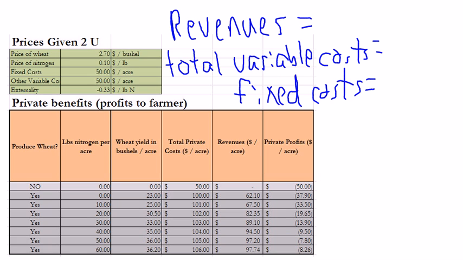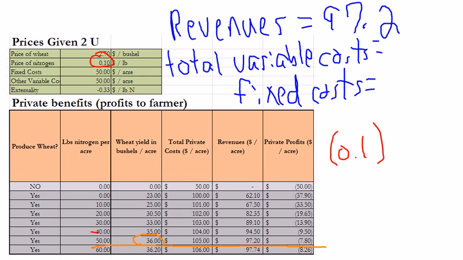To see what's happening here, I want to point out something to you. When we apply 50 pounds of nitrogen per acre and harvest 36 bushels per acre, our revenues are going to be $97.20. Our total variable cost, well, the cost of nitrogen is 10 cents per pound.